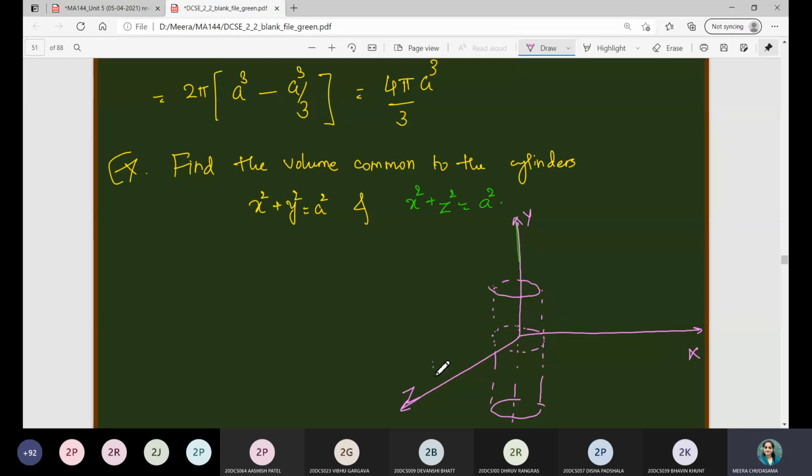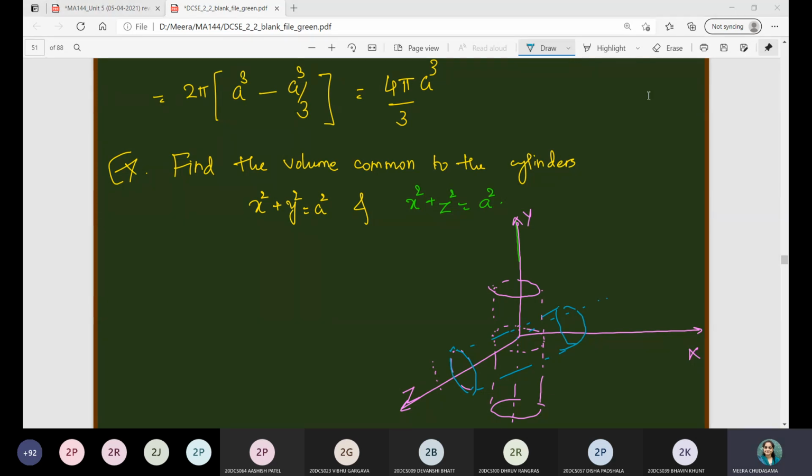And similarly suppose this is what I will consider as the other cylinder in the x and z axes, right? So it will be like this one. The negative z axis goes here, so it will be this one. The geometrical visualization will not come yet.